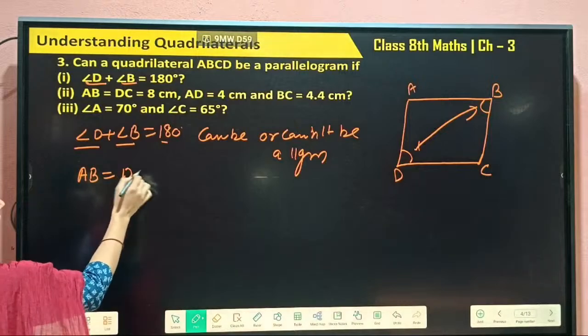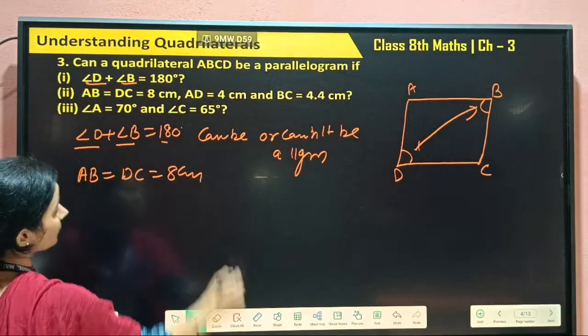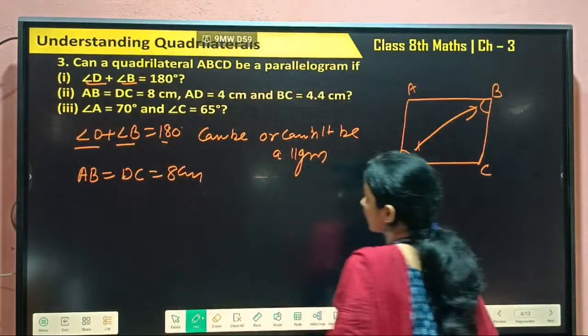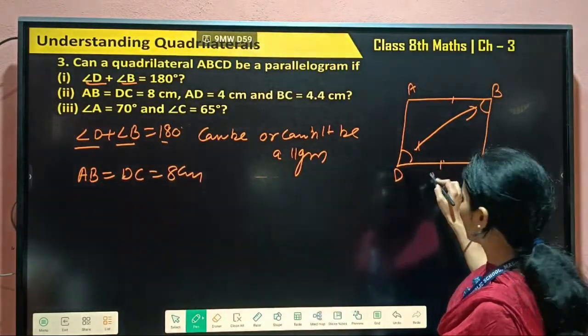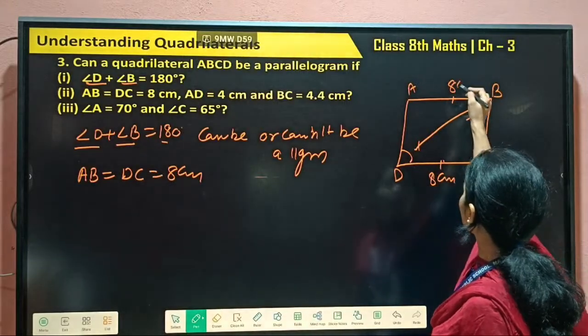Next is side AB equal to DC equals 8 centimeters. This is side AB and this is side DC, and both are 8 centimeters.